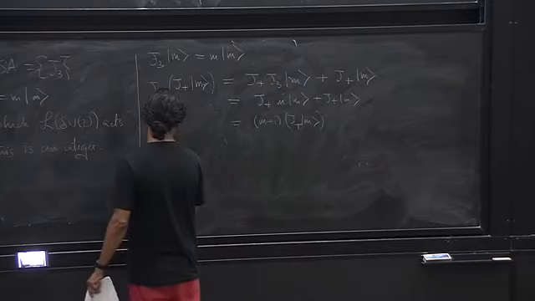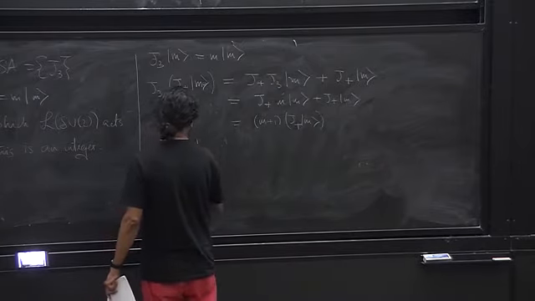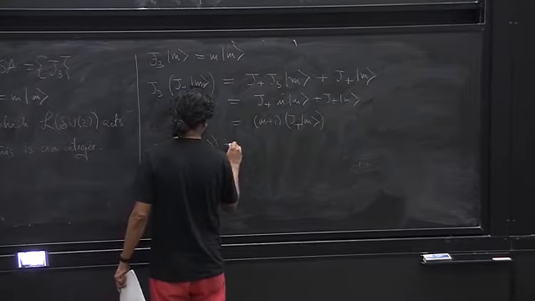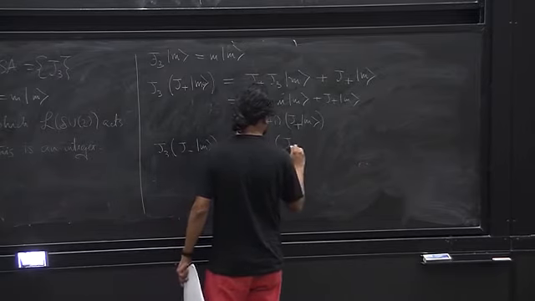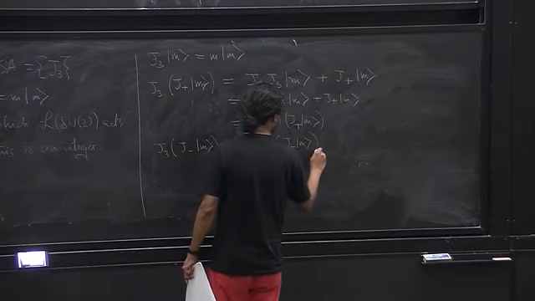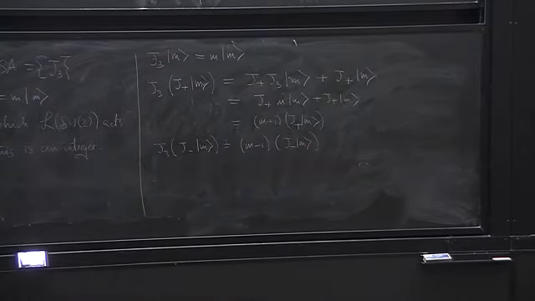And similarly, J3 acting on J minus of m gives me m minus 1 times J minus of m, because of the minus sign over there.